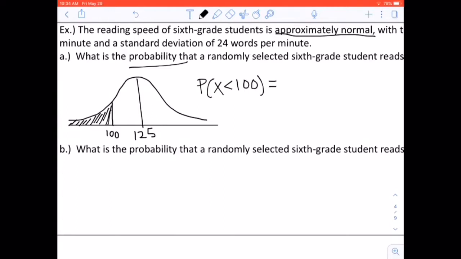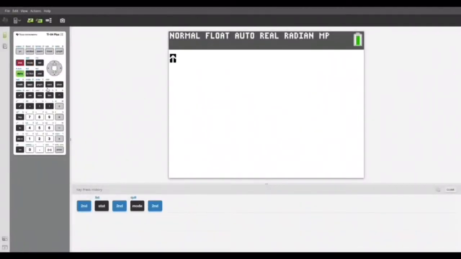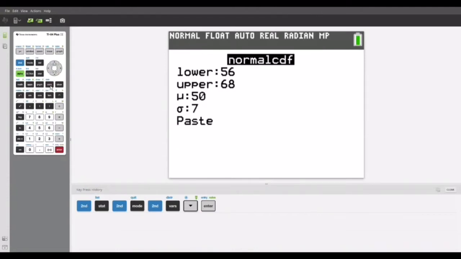On our calculator, we're going to use normal CDF. We're going to go to second, vars, and go down to normal CDF. Our lower bound is going to be negative 1 E 99, which is second, comma, and then 99. And our upper bound is going to be 100.